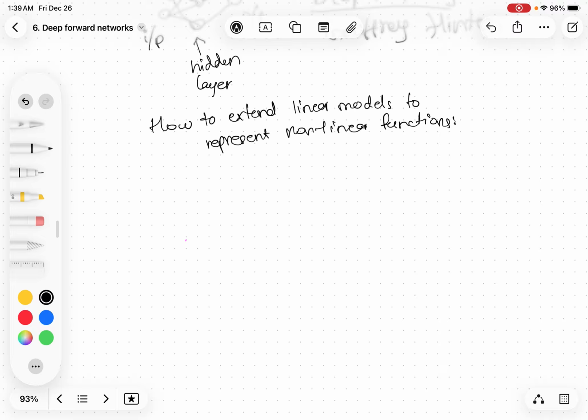How are you going to do that? One idea would be to use RBF, which is a radial basis function, also known as a Gaussian kernel.